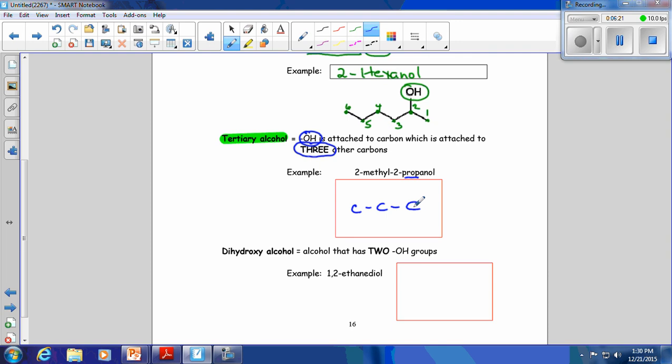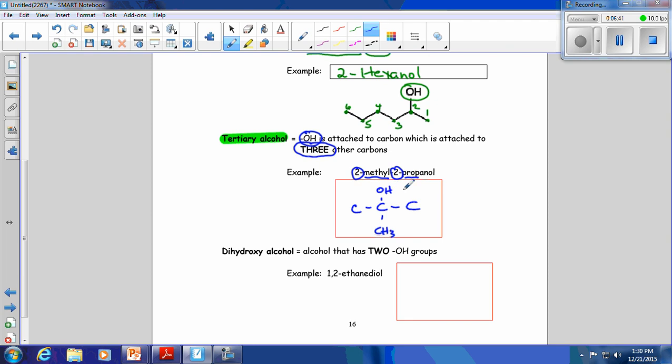Looks like we have another branch in here, a methyl group found at the 2nd position. Let's go ahead and get that in there. There's CH3. All right, also located at the 2nd position is going to be our hydroxyl group. So the OH is going to be attached there as well.